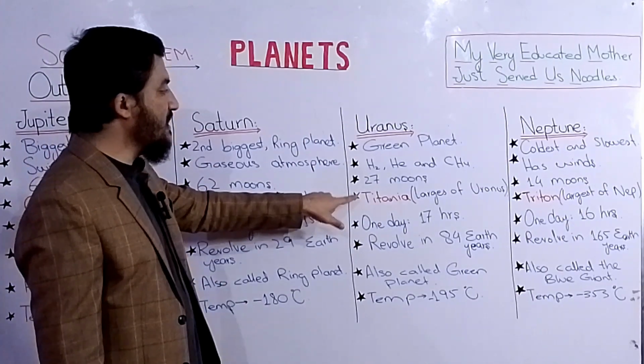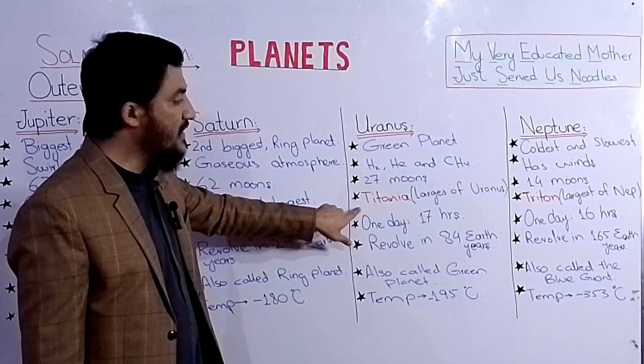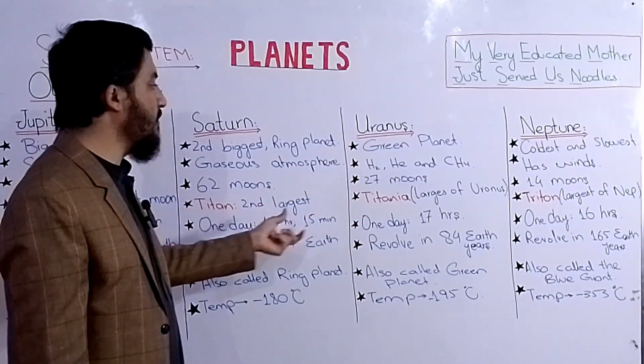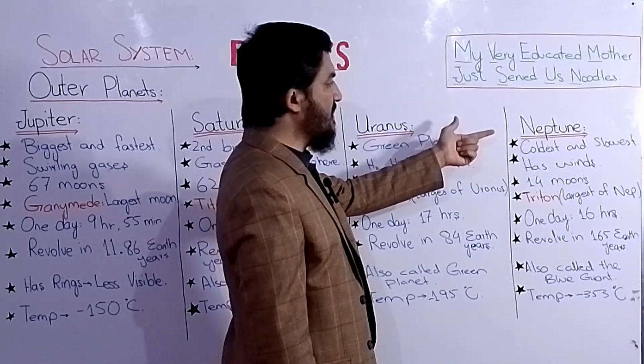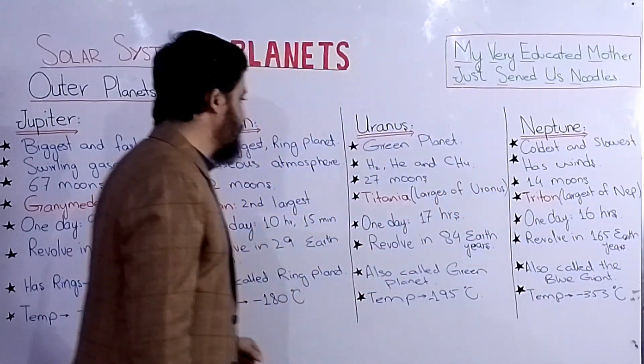Then comes Uranus, which has 27 moons. Its largest moon, only the largest of Uranus, not of the solar system, is called Titania. Then at last comes Neptune, which has 14 moons, and its largest one is Triton.